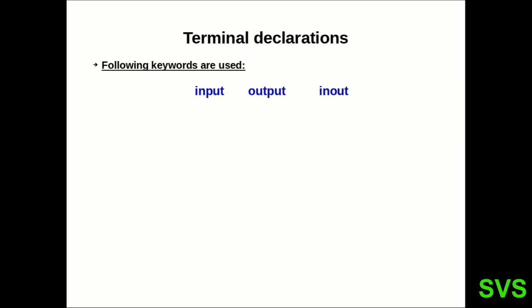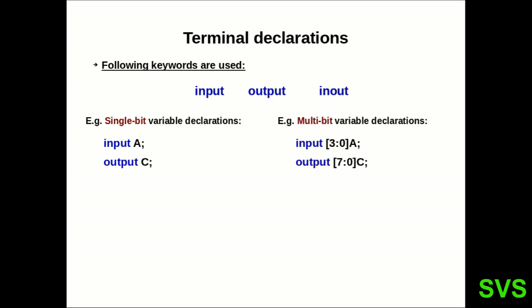So for terminal declarations, the keywords which we generally use are input, output, and inout, where inout is the bidirectional port declaration. So for single bit variables, it is directly defined as input A, output C, and so on and so forth. If you have multiple inputs of the same size, we can write them separated with commas.